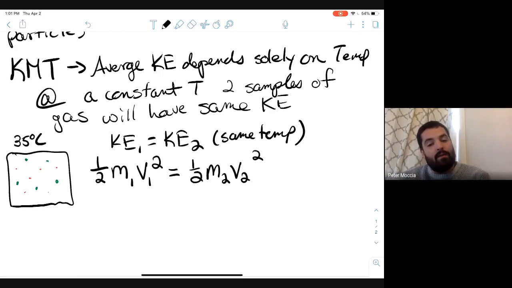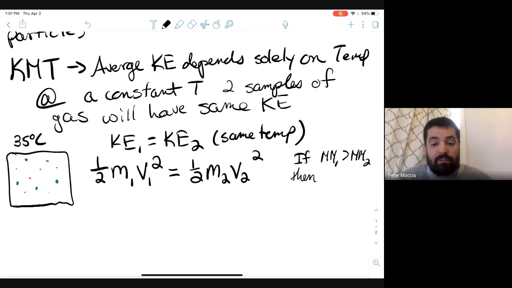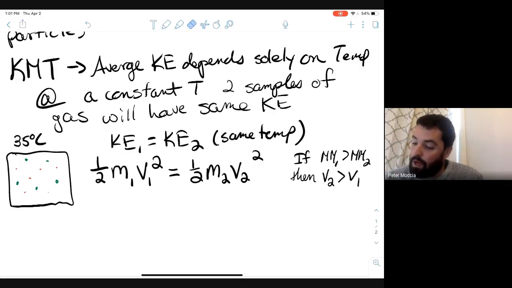So now we can see, if the molar mass of 1 is greater than the molar mass of 2, then what do we know about their velocities? If their kinetic energies are equal and the mass of 1 is greater than the mass of 2, then the velocity of 2 has to be greater than the velocity of 1.